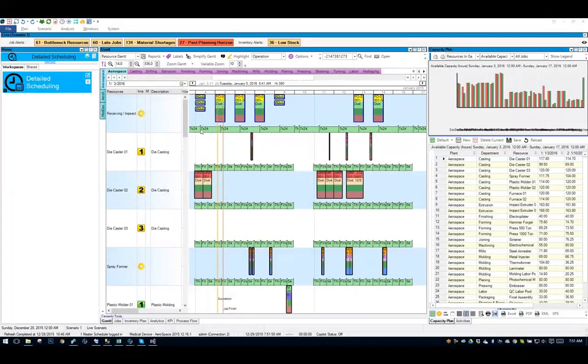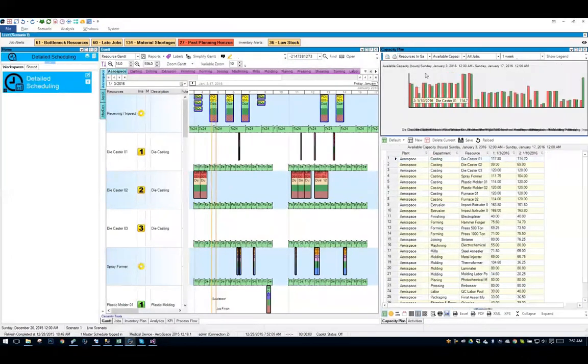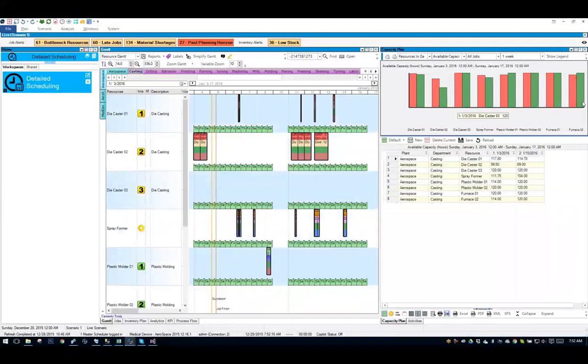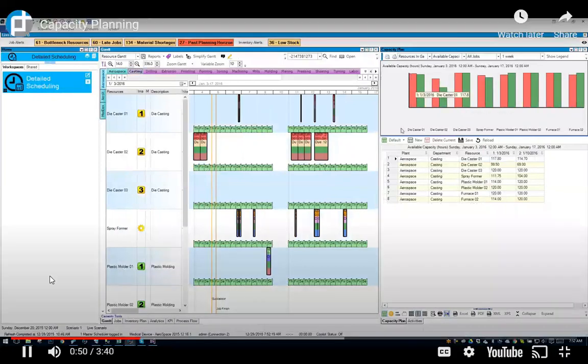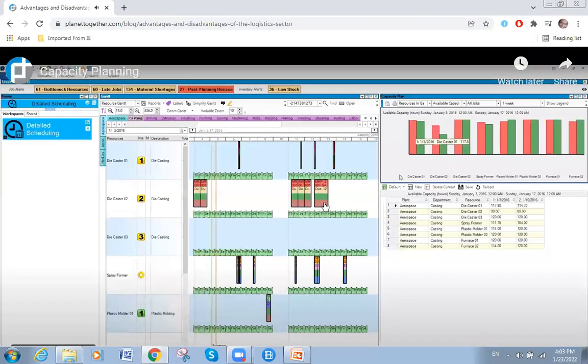So in this case, I'm on the aerospace plant. Make this a little bit bigger. I have selected that it's showing me all my resources in the Gantt, so that's why everything's pretty tiny here. But if I clicked on, say, my casting department, the capacity plan would automatically readjust just to show me the resources in my casting department.